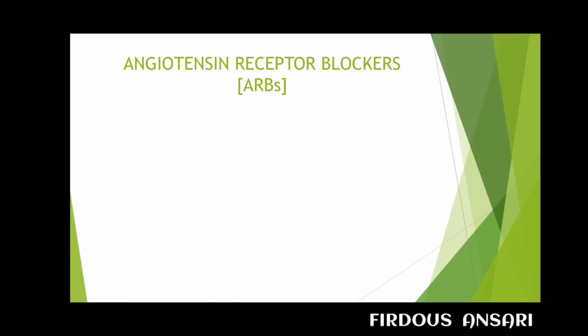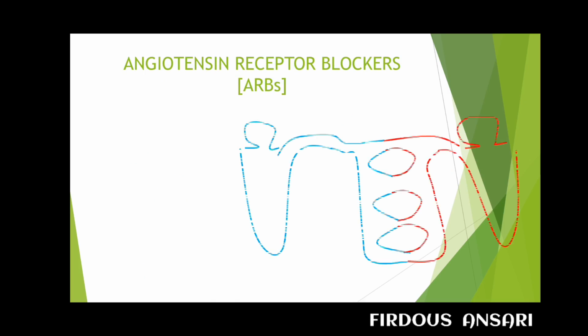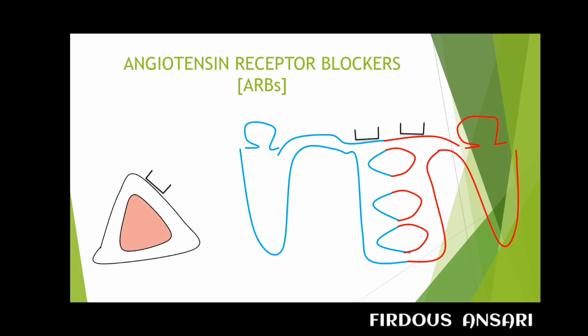Next, we'll check out the last class of drugs, that is angiotensin receptor blockers, the ARBs. These are the drugs that will cause blockage of the receptors. The receptors are mainly available in the arteries, in the veins, plus in the zona glomerulosa of the adrenal cortex. So what will these drugs do?